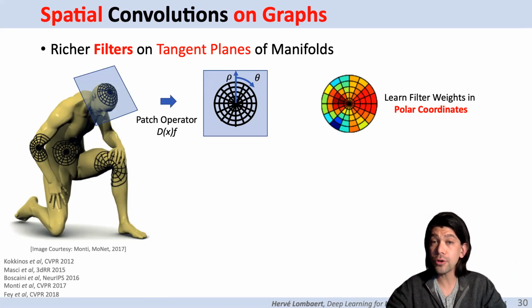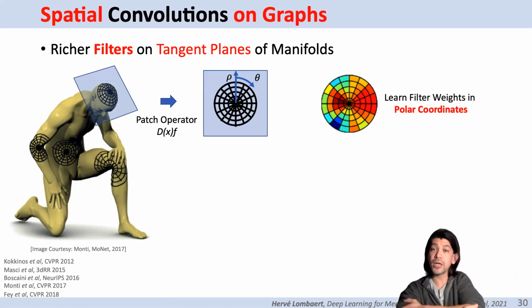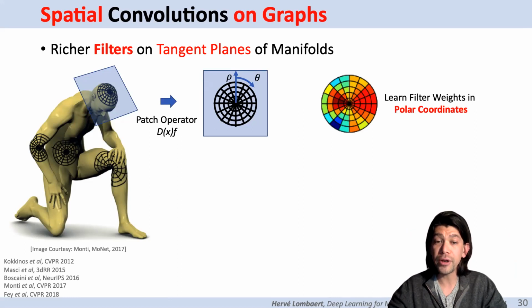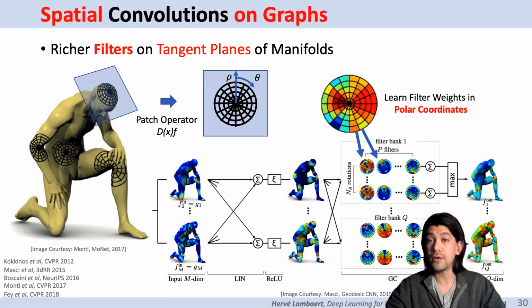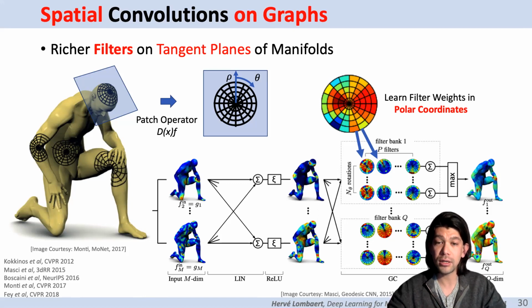That builds up a small kernel, a small filter, and that's what you can learn using the polar coordinates. So you build any type of architecture that you want, and then you learn those filter weights. That's how those geometrical deep learning approaches, spatial approaches, are typically used, and they work actually pretty well on regular meshes.